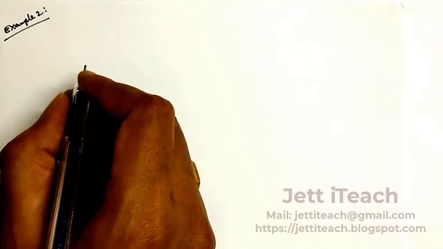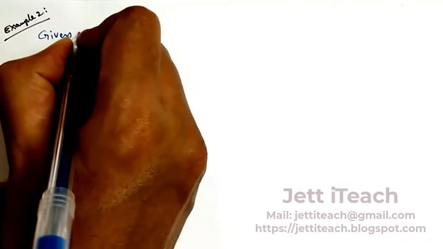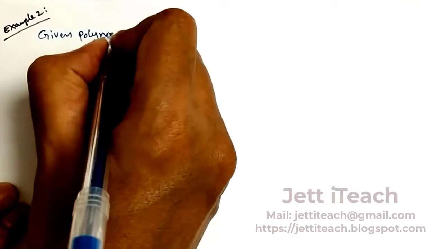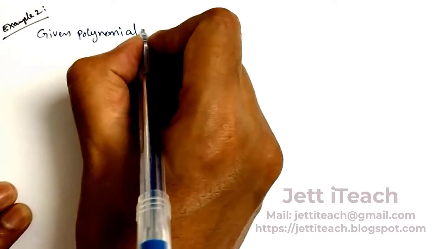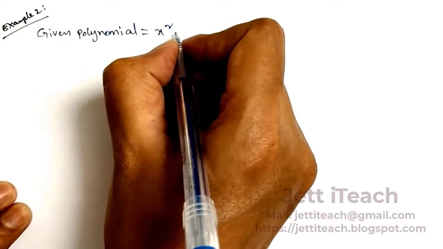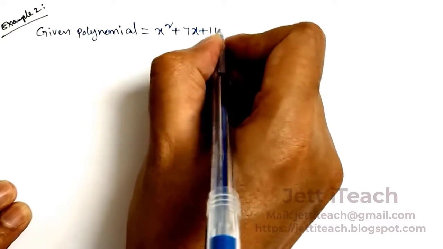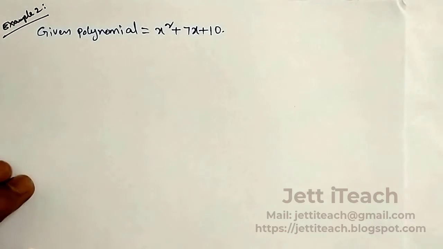I will write the given polynomial. X square plus 7x plus 10. Now you need to find the zeros of the polynomial.